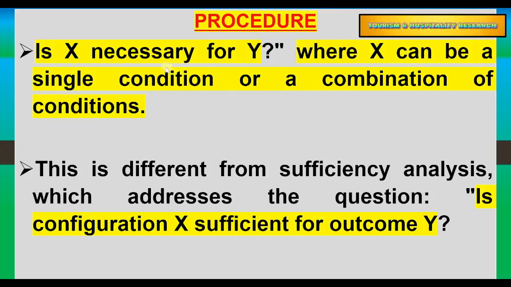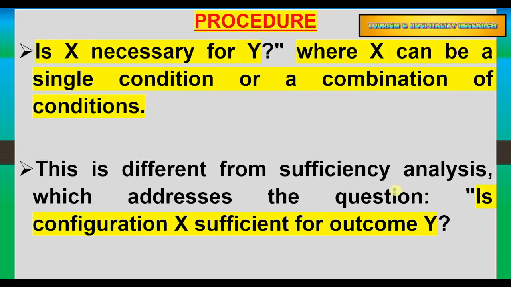What is a necessary condition? We can say, is X necessary for Y? Where X can be a single condition or a combination of conditions, which is known as a configuration. This is quite different from sufficiency analysis, which basically addresses the question, is configuration X sufficient for the outcome Y?